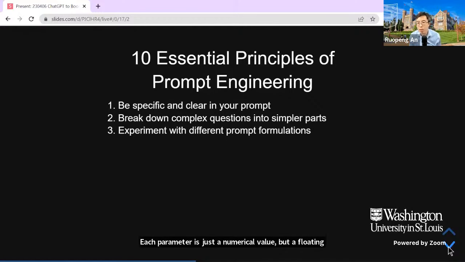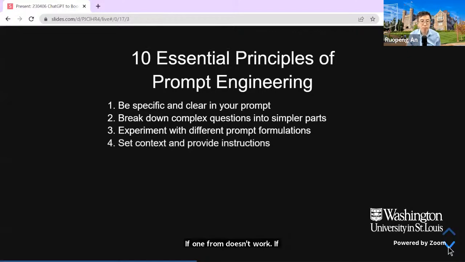So what is the best way to unzip, to decompress the knowledge into human language that we understand? No one has a clue. So therefore, the way is to experiment with different prompt formulations. If one prompt doesn't work, experiment with a similar but slightly different one.